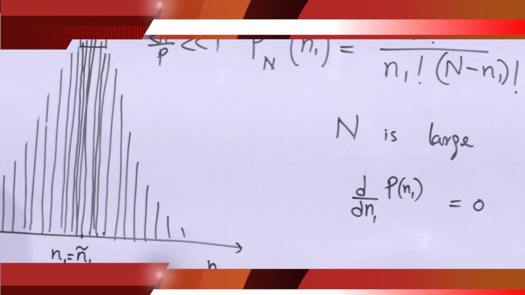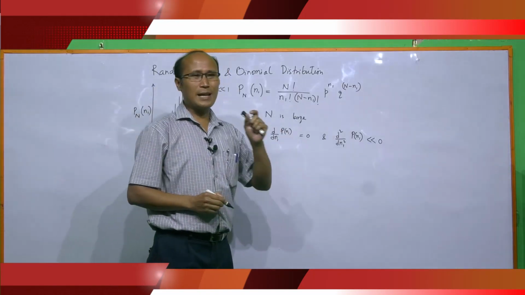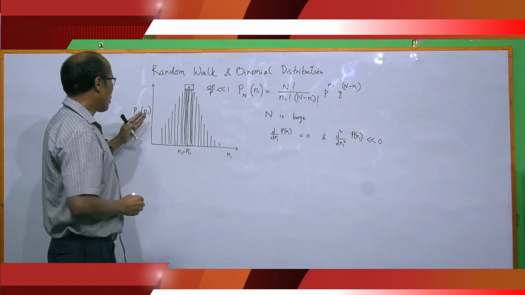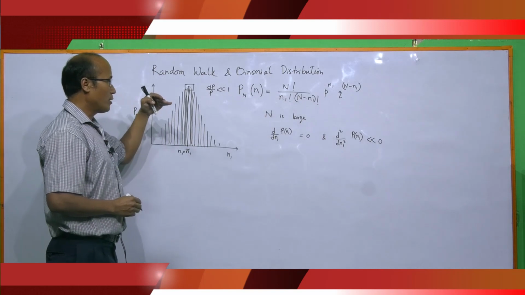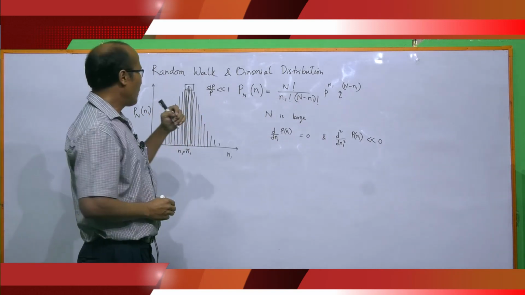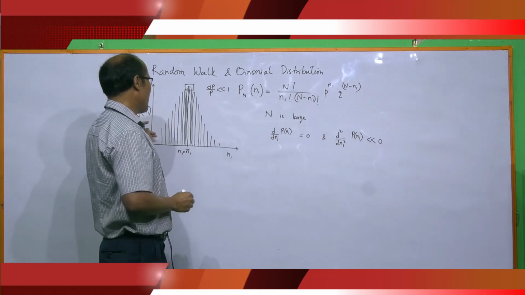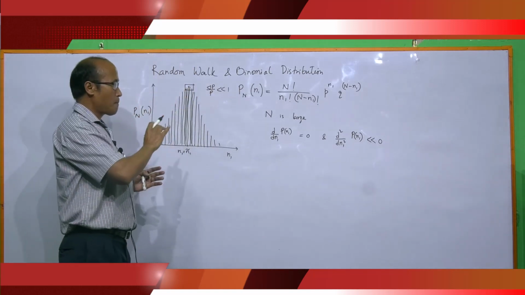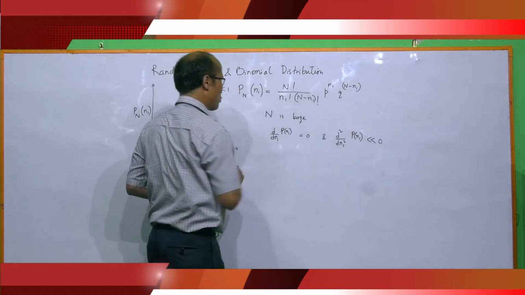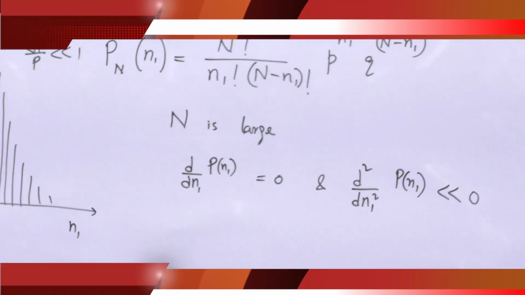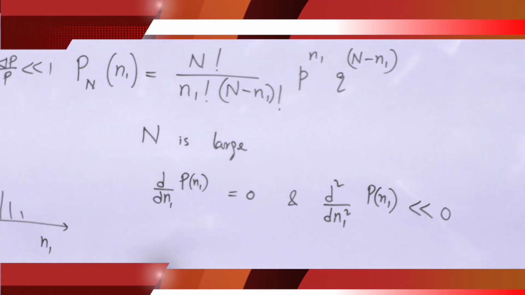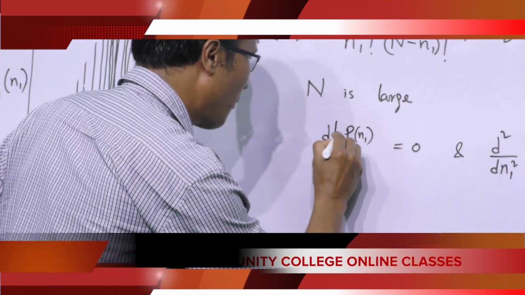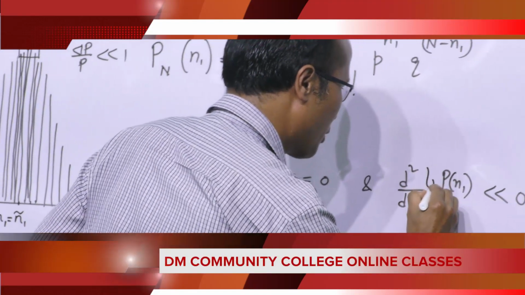Instead of taking P, we can also take log of P. The advantage of taking log of P is that it varies rather slowly as compared to P, and also when we expand it by a power series expansion, log of P converges much more rapidly. So we will use log of P.